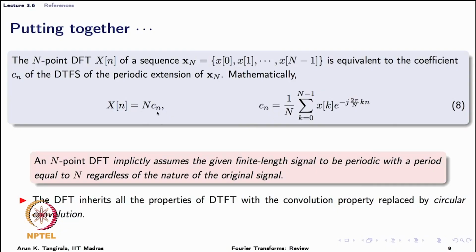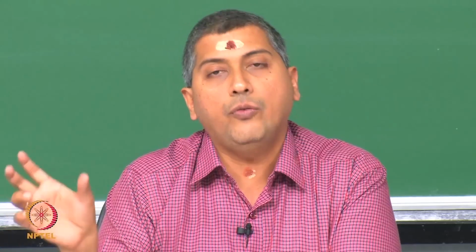So, X of n is nothing but n Cn. What is this Cn? Cn is the coefficient of the discrete time Fourier series for the signal that you observed. So, I take the signal that I have observed, I compute DFT, that is X of n. My friend takes the same signal and assumes that it is a periodic signal and that he or she has observed one full period of this periodic signal and computes the Fourier series coefficients.